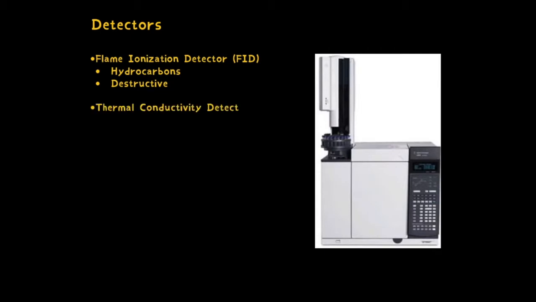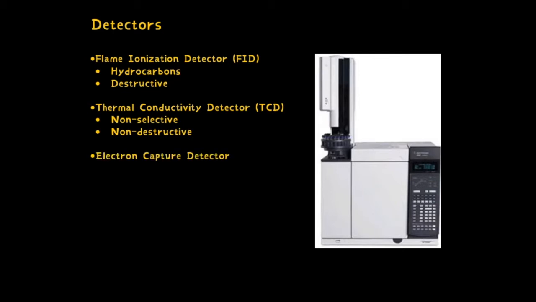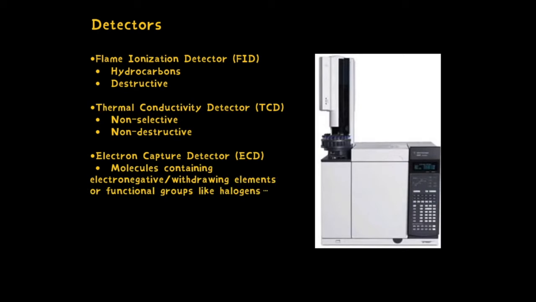TCD relies on the thermal conductivity of matter passing around a filament with a current traveling through it. So, TCD is non-selective and non-destructive to the analytes. Another detector is the electron capture detector, also known as ECD. It uses a radioactive beta particle source to measure the degree of electron capture.